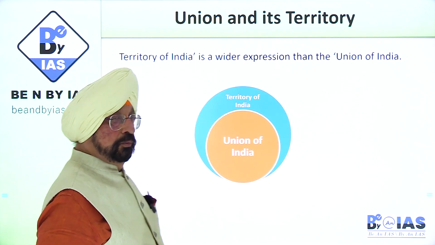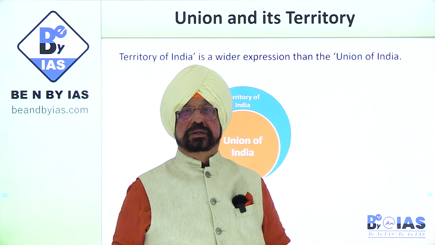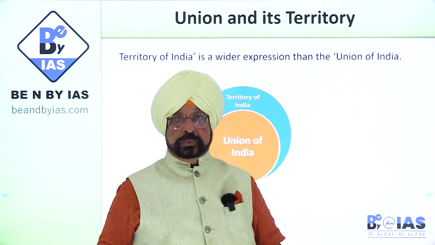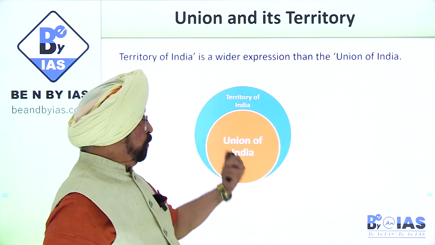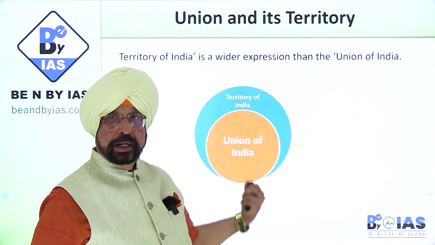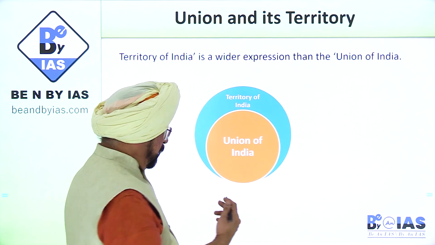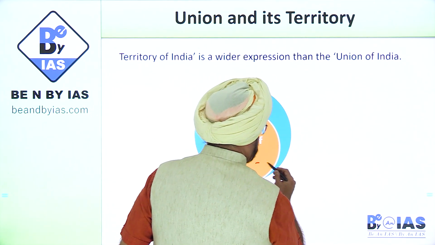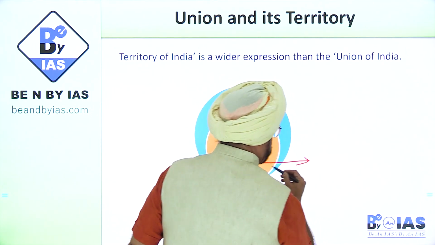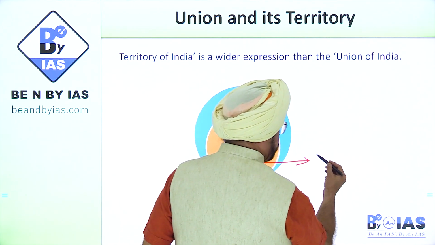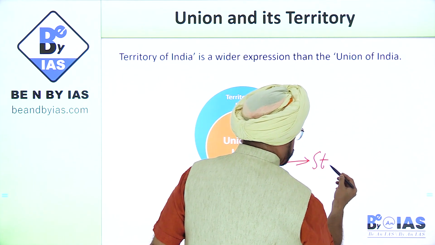Now, which one is a wider concept out of these two? Territory of India and Union of India. Now, we'll come to this. Union of India consists of the states.